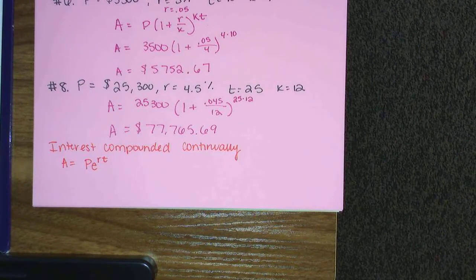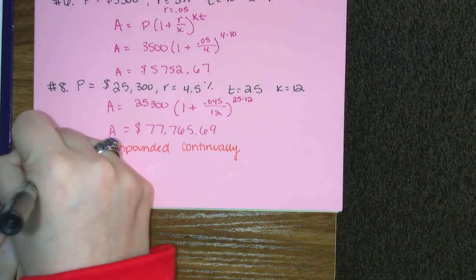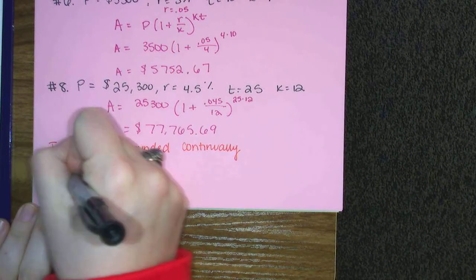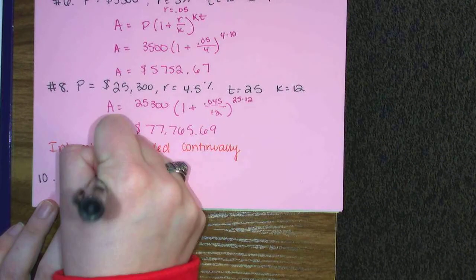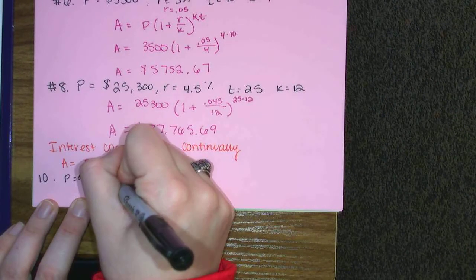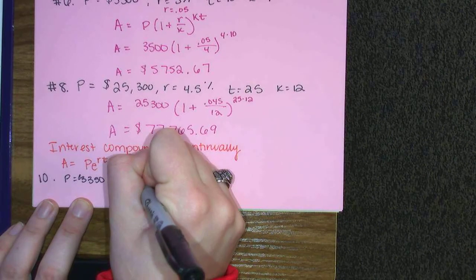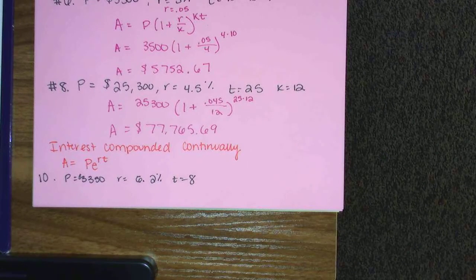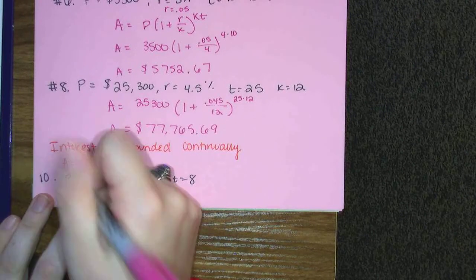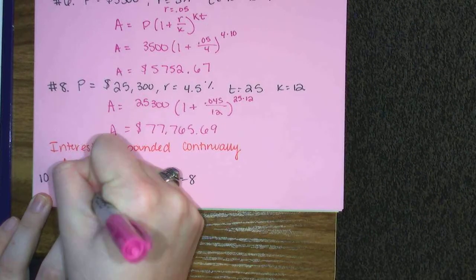Okay, so one problem with this really quick. Number 10. P is 3,350. R is 6.2% and T is 8. So we're using A is equal to P e to the RT.